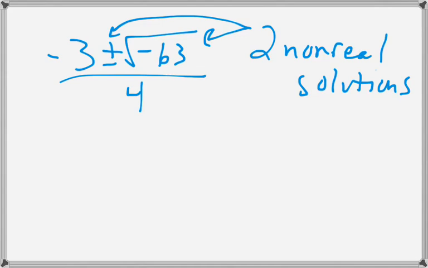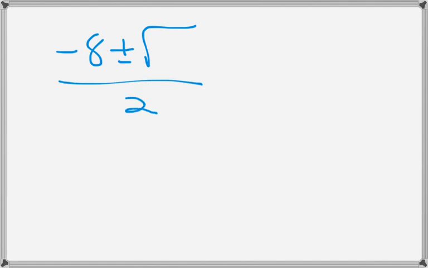There's a third possibility, though. If the discriminant isn't positive and it's not negative, then it's 0. Alright, so suppose we're substituting in to our quadratic formula, and when we simplify everything, we get a discriminant of 0.